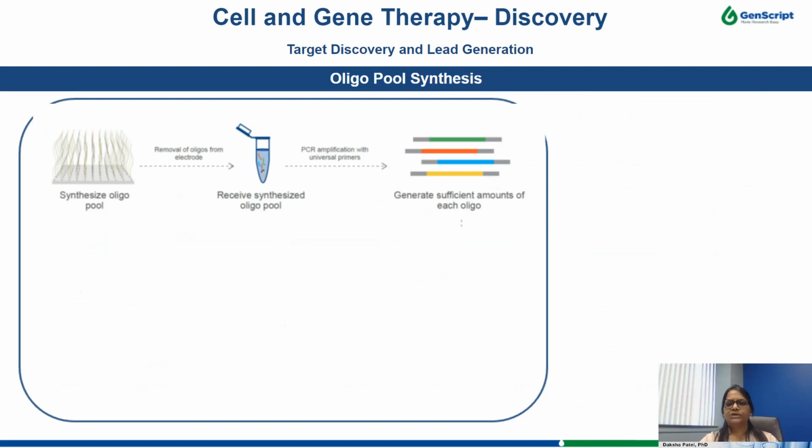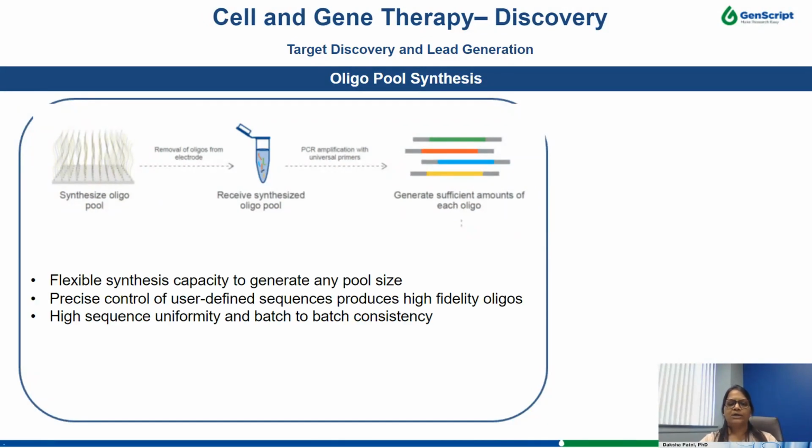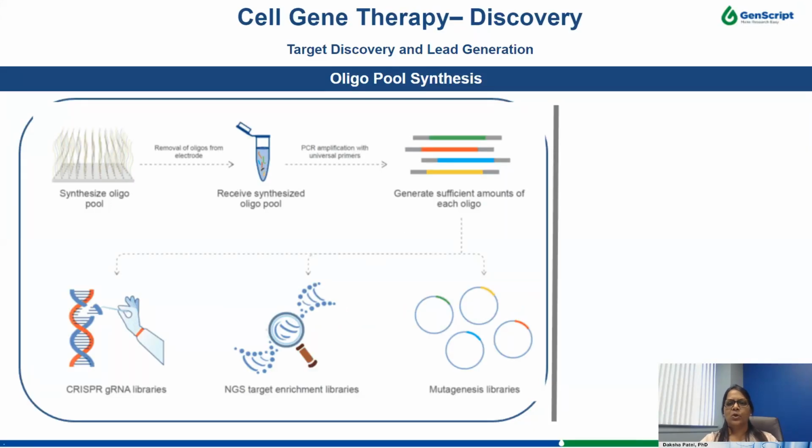The GenScript oligosynthesis platform allows high throughput synthesis of oligos, providing a fast and economic approach to the discovery of disease targets. The oligo pool synthesis service offers flexible synthesis capacity, high quality oligos, and high sequence uniformity, as well as batch-to-batch consistency.